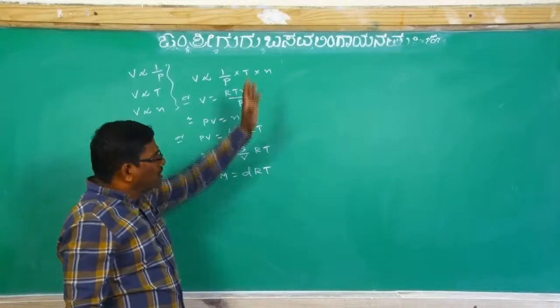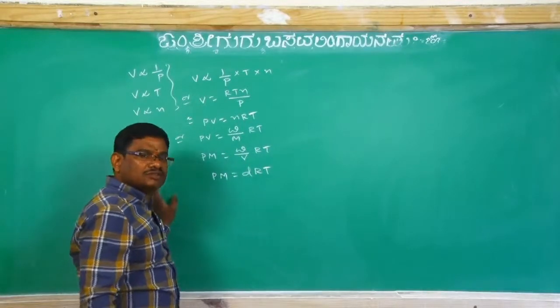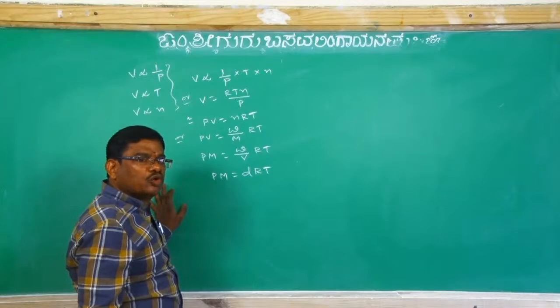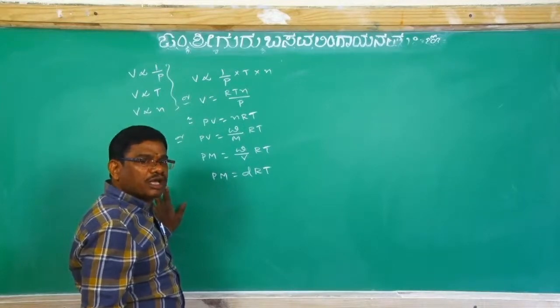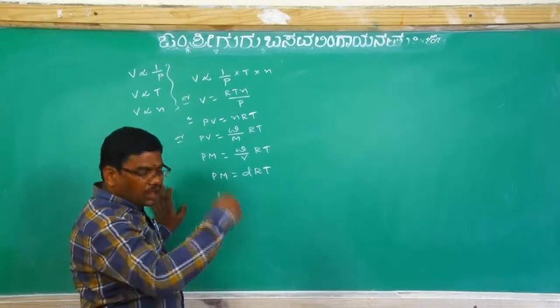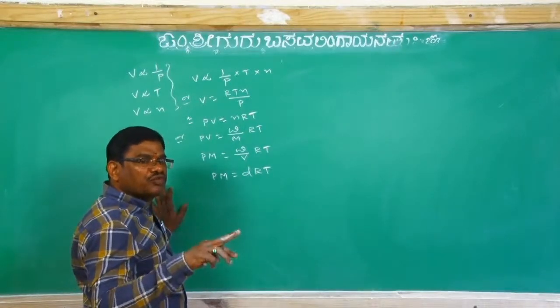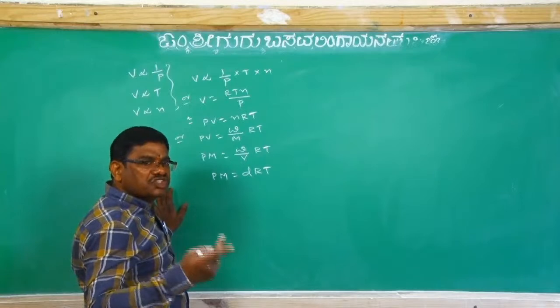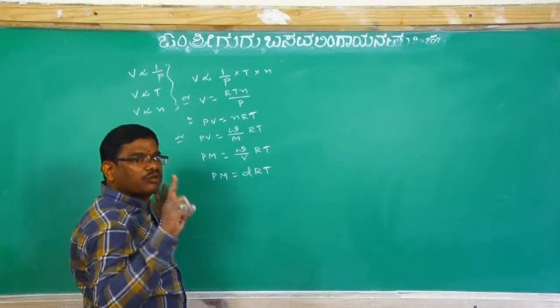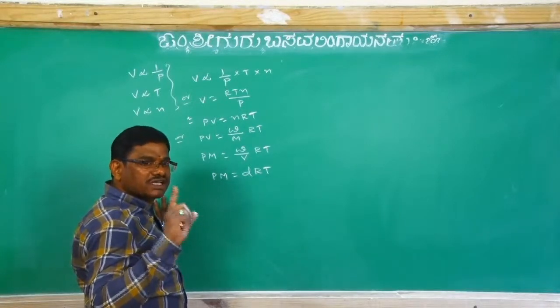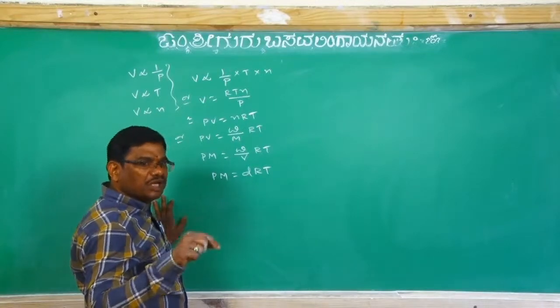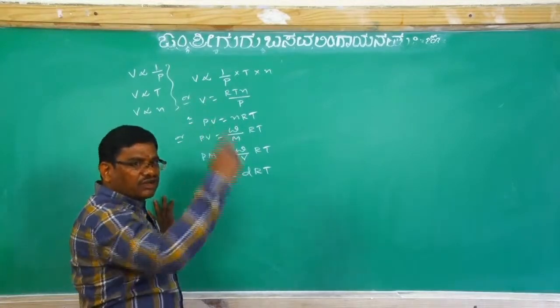This R value, yesterday I gave the total list, right? 0.0821 liter atmosphere per degree per mole. In CGS, liter changes to milliliter, atmosphere changes to centimeter and millimeter, because one atmosphere equals 76 centimeters, or 760 millimeters. Based on that, there are different R values.